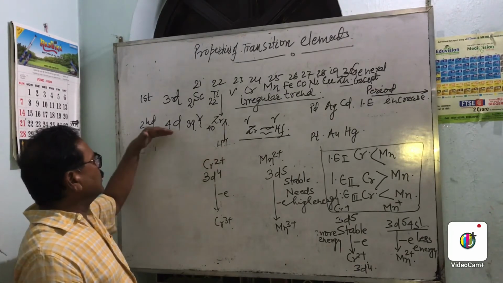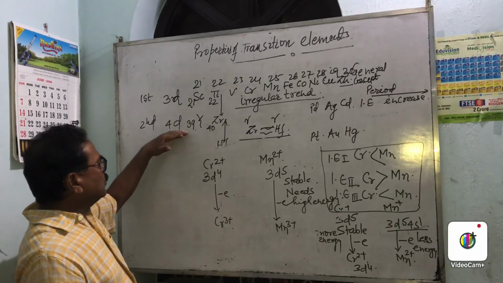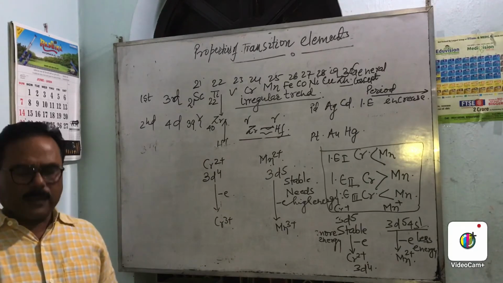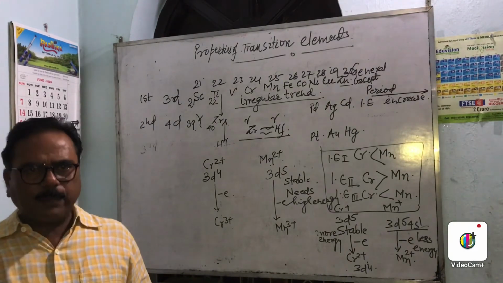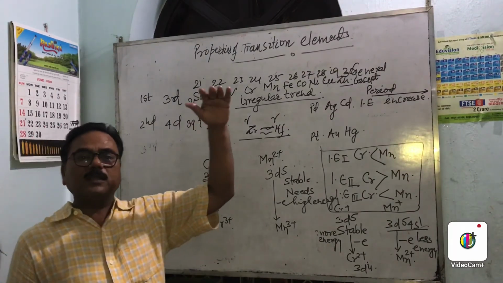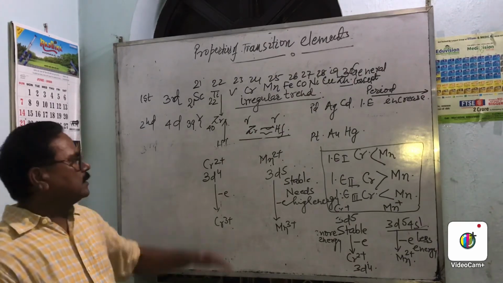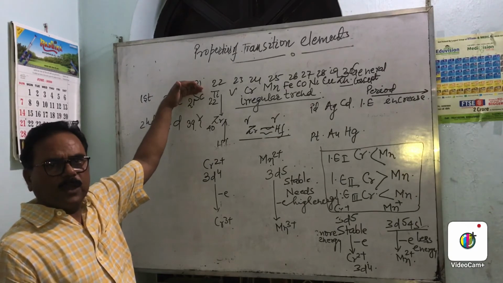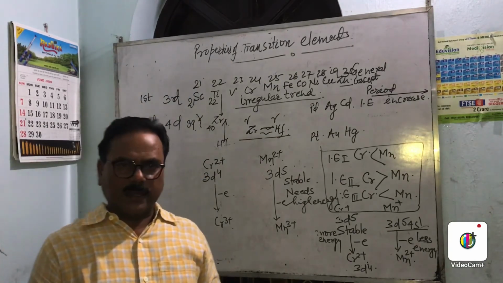If we come to the 4d, second and third transition series, that is 4d and 5d, if we come down in the group, the radius increases and ionization energy decreases. But it does not happen. That is, the 5d transition series has the highest ionization energy compared to the 4d and the 3d series. Why is it so? Due to the lanthanide contraction.